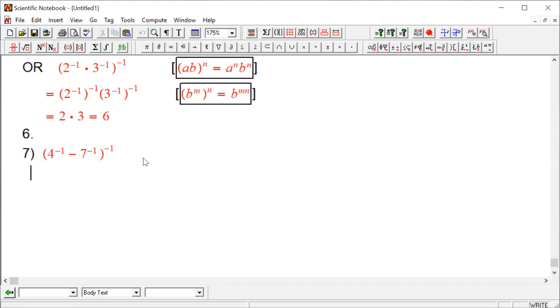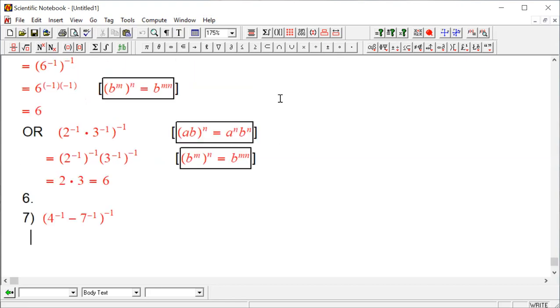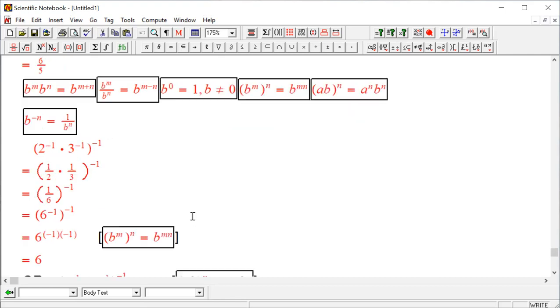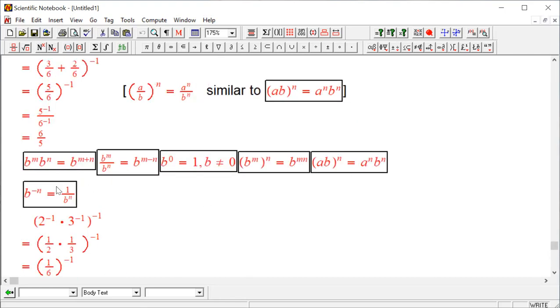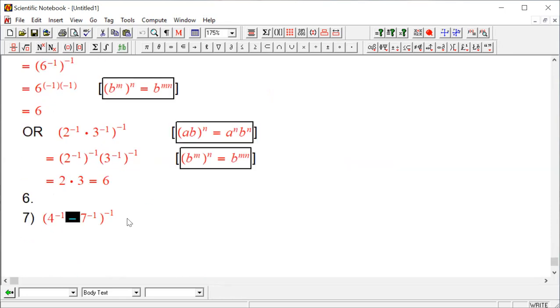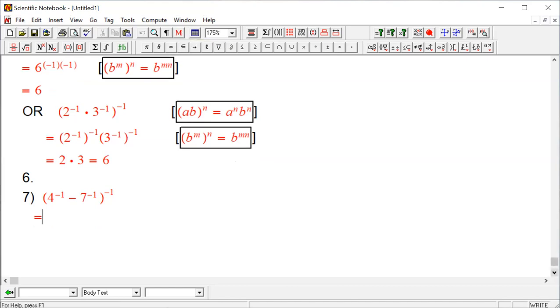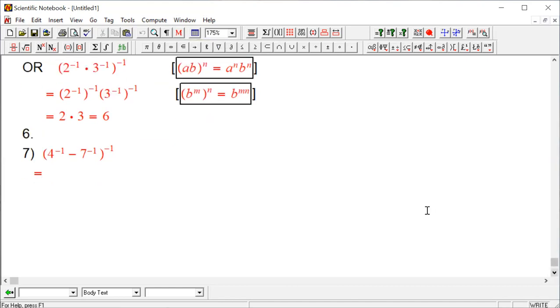Okay, so can we apply any one of these properties? No, we cannot. There's a subtraction. None of these formulas involve subtraction like that. So what we can do here, we're gonna have to do it from inside out.